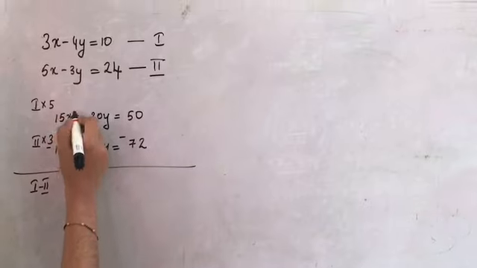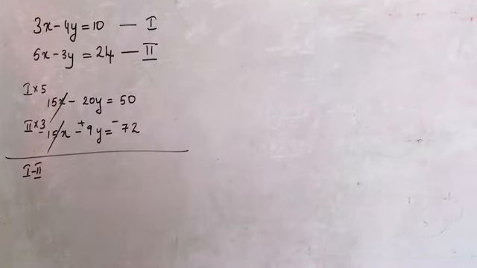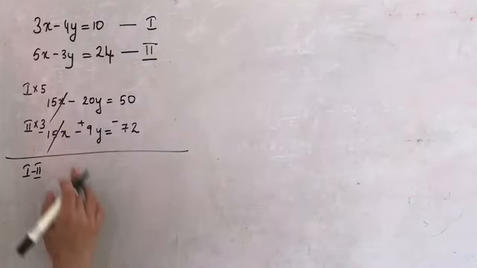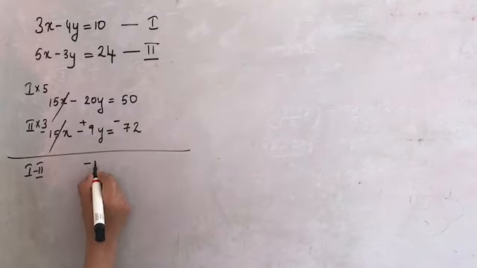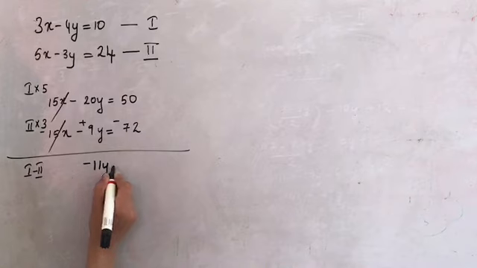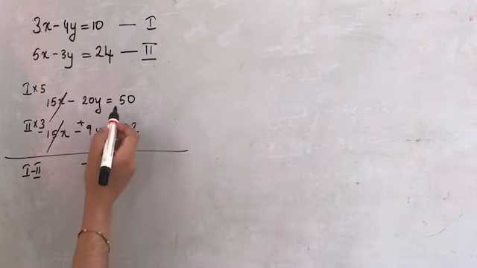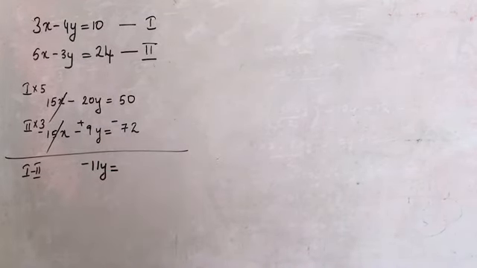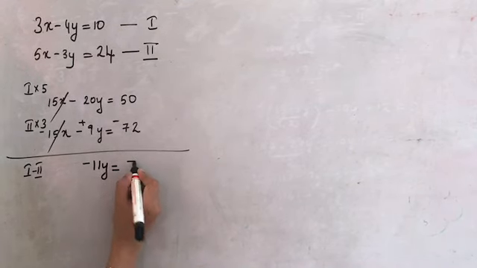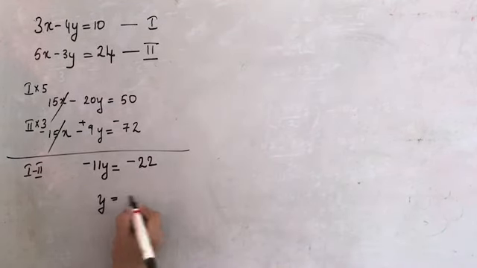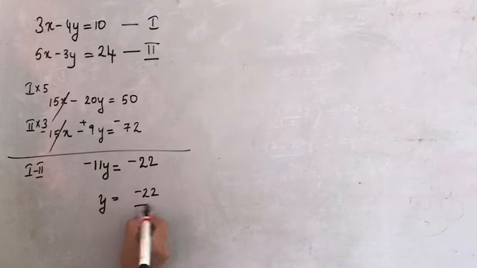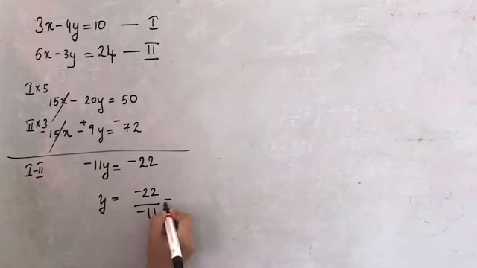So 15x minus 15x, that's getting cancelled. You will get minus 20y plus 9y gives you minus 11y, that is equal to 50 minus 72, that gives you minus 22. So y equals minus 22 by minus 11, that gives you 2.